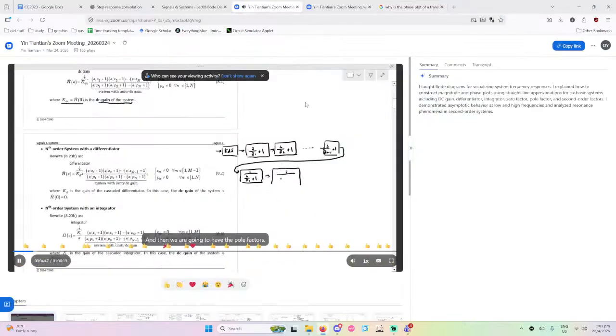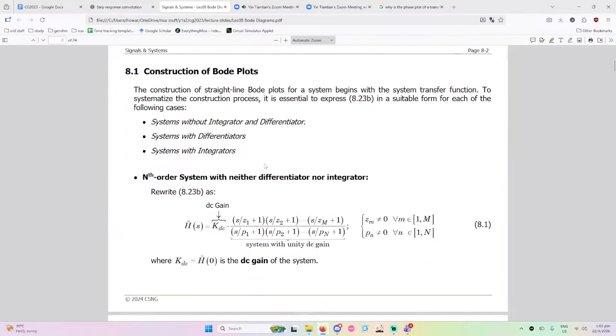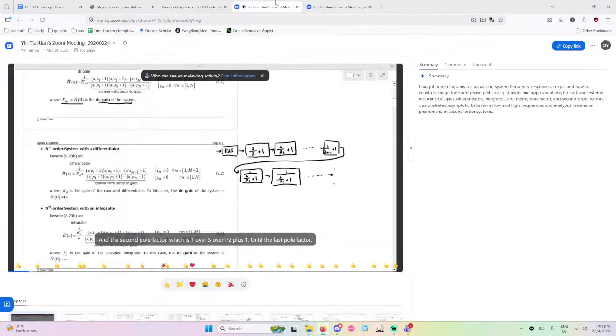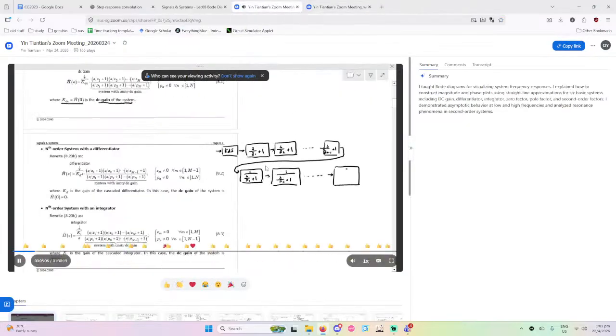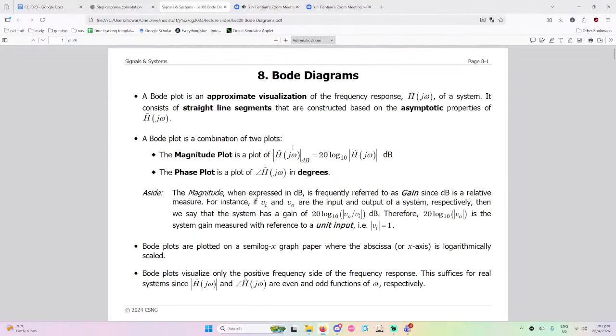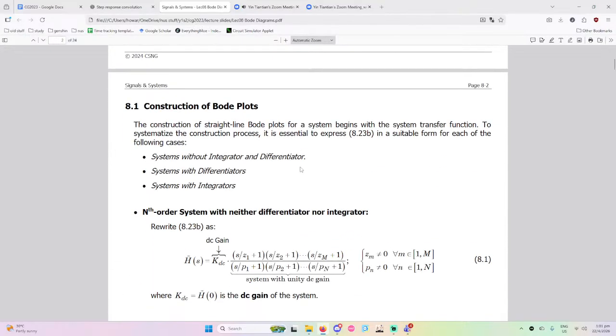And then we are going to have the pole factors, which is 1 over (s over p1 plus 1), and the second pole factor, which is 1 over (s over p2 plus 1), until the last pole factor, which is 1 over (s over pn plus 1). So the system is a cascade of the subsystems here.